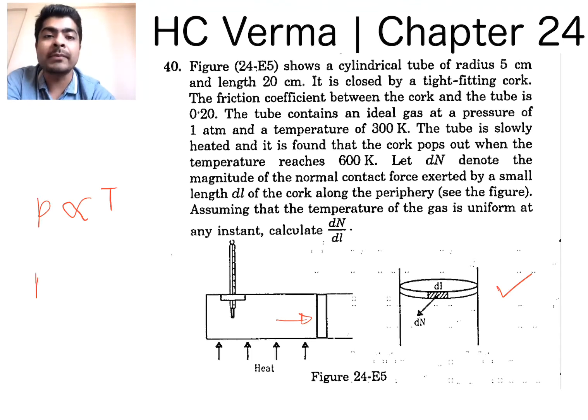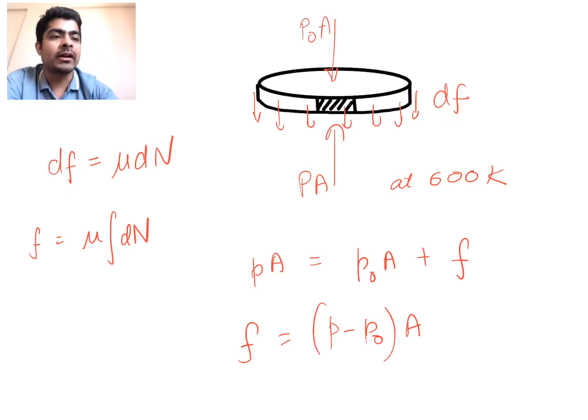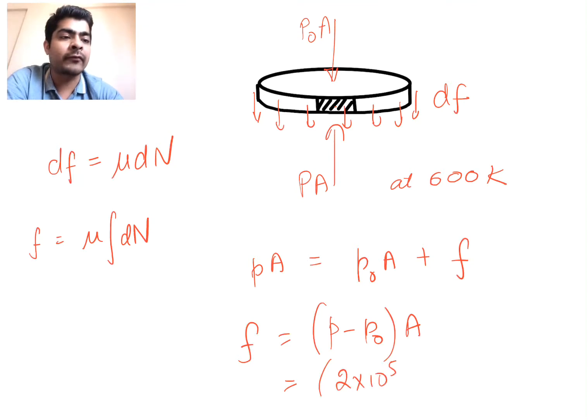So final pressure P will be 2 atmosphere. Okay. And atmospheric pressure, outside pressure P naught is also 1 atmosphere. So we get 2 atmosphere, that is 2 into 10 power 5 minus P naught atmospheric pressure 1 into 10 power 5 pascals. This value is in pascal.